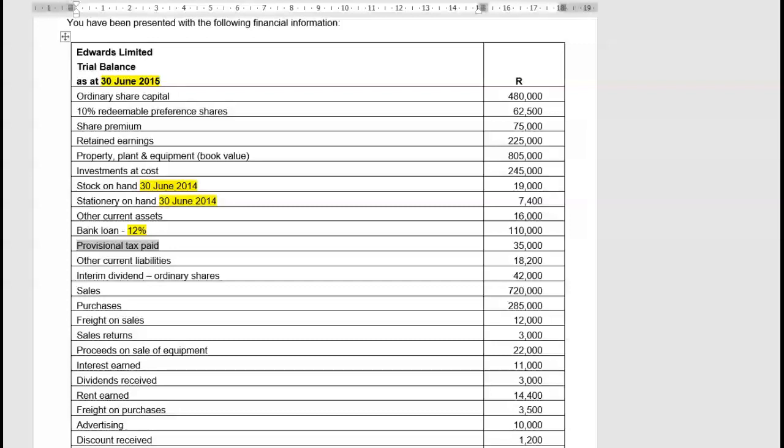Now, let's assume the whole year has gone past, the end of the year comes, and we redo our tax calculation based on our actual profits for the year. When we work out our total tax liability and our total profits for the year, our actual tax that we have to pay for the year is 110,000 Rand.